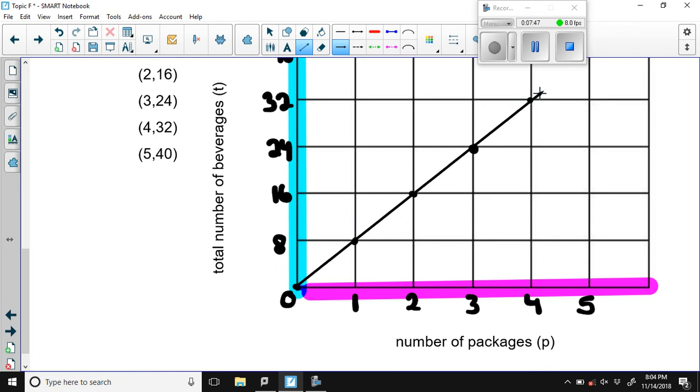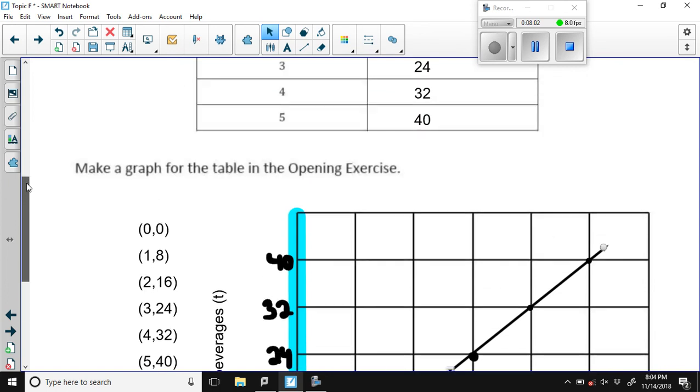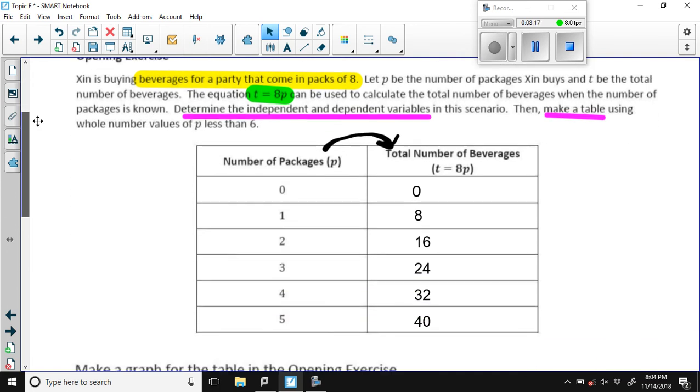So you guys should use a ruler. I get to use my tools. Okay, so that is how you use your independent and dependent variables along with the equation to make a table and construct the graph.